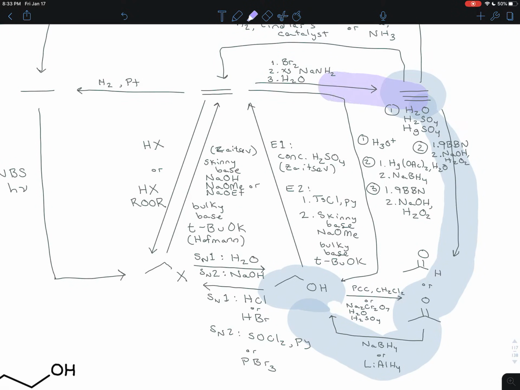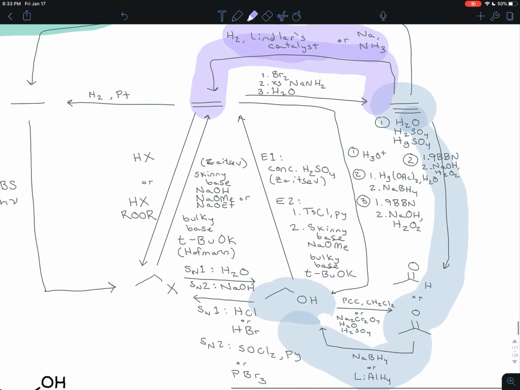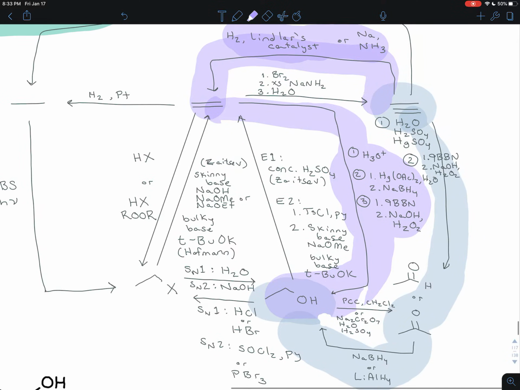You could, for example, go from the alkyne down over to the alkene, right? You could use hydrogen gas and Lindlar's catalyst, or you could use dissolving metal reduction. And then you could use one of those addition reactions that we discussed in the previous videos to get the alcohol. So that would be another way you could do that.